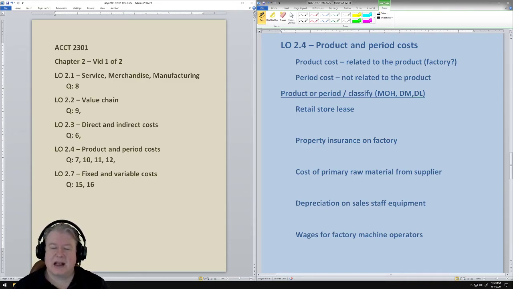So let's classify these and talk about, if it's a product cost, whether it's manufacturing overhead, direct materials, or direct labor. We haven't talked about these three yet, but when we talk about a product cost, these are going to be the three primary costs that we're looking at.